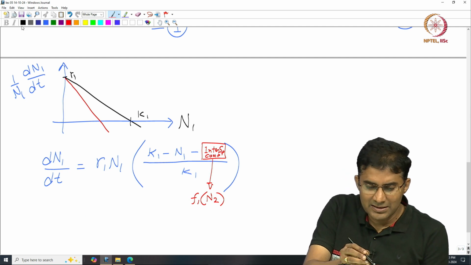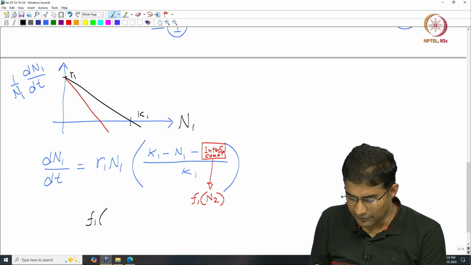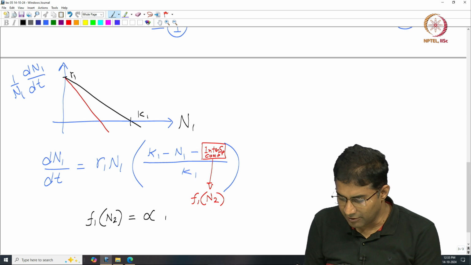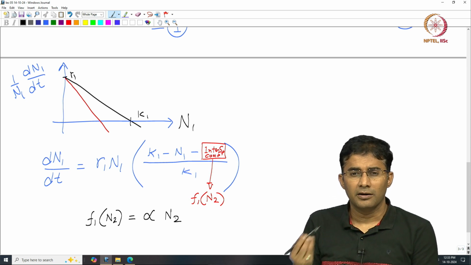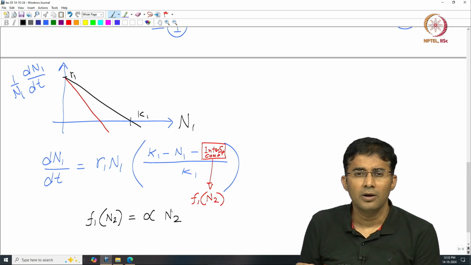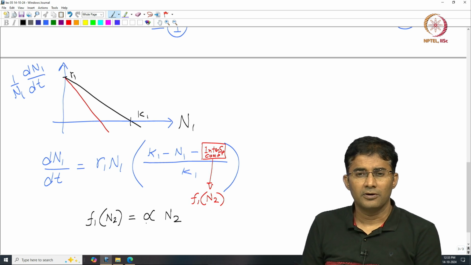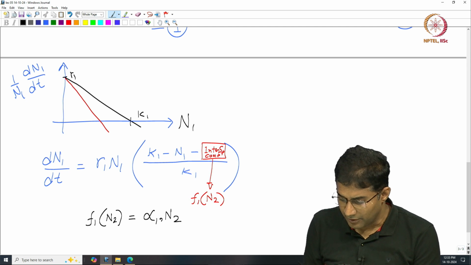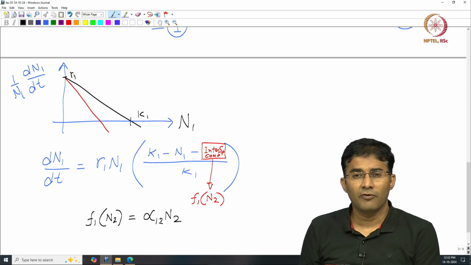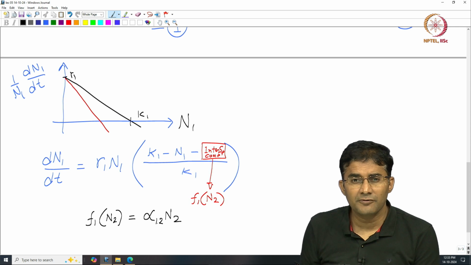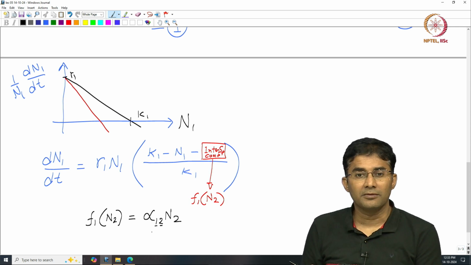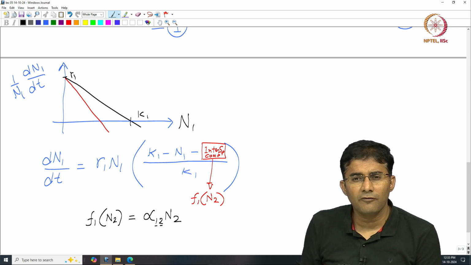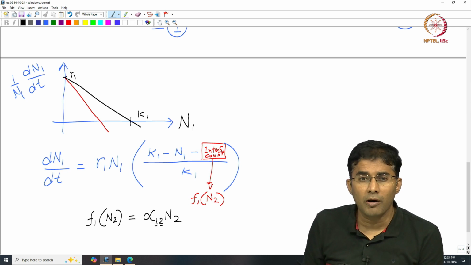So, the basic assumption that we will make is as follows: this is a linear function of n2. The more individuals of species 2 there are, the stronger the effect of the competition, and we will denote the coefficient by alpha 1 2. Alpha 1 2 indicates the effect of species 2 on species 1. So, we have to read in the opposite way. Alpha 1 2 represents the effect of competition of species 2 on species 1.